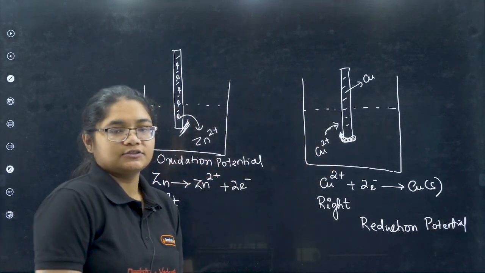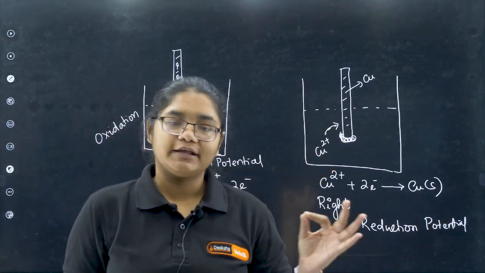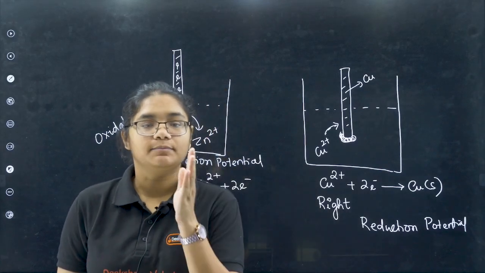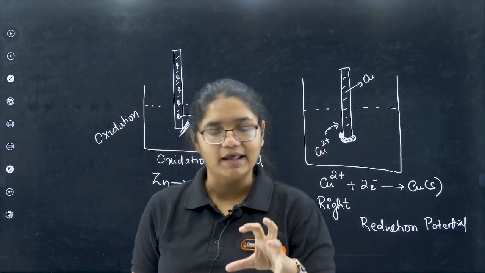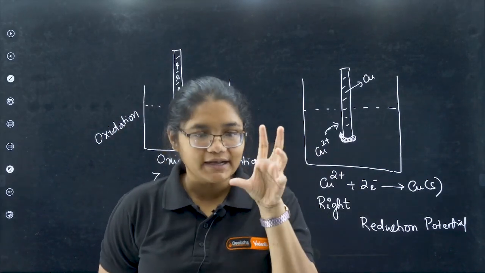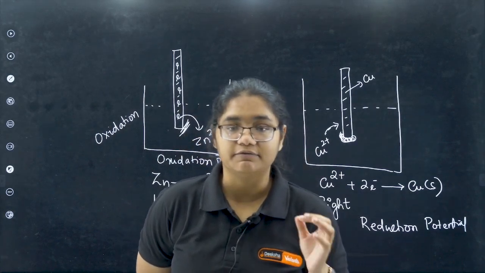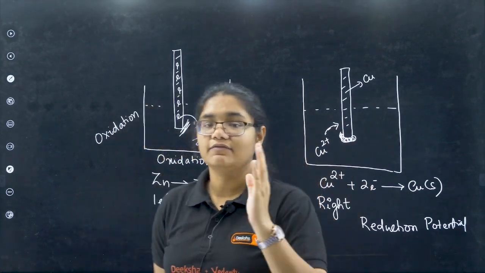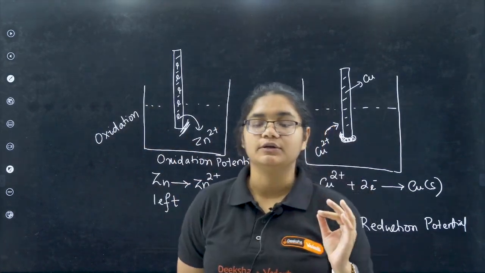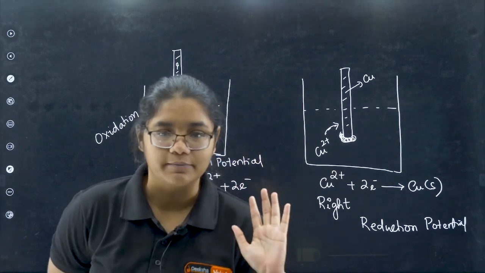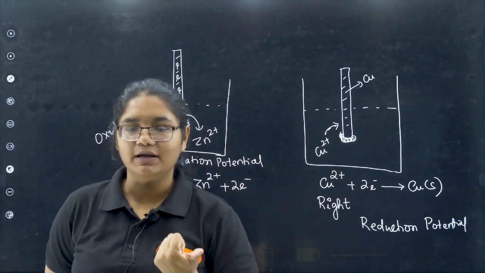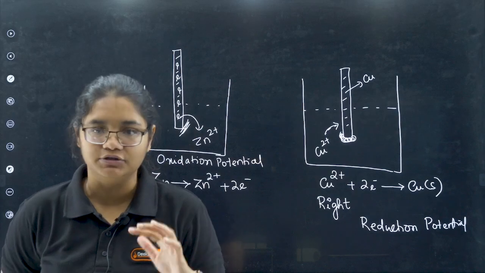Okay, so we understood what electrode potential is. Electrode potential means the potential difference between the electrode and the electrolyte. If that electrode is undergoing reduction, we call it reduction potential. If it is undergoing oxidation, we call it oxidation potential. So every electrode can have either an oxidation potential or a reduction potential.